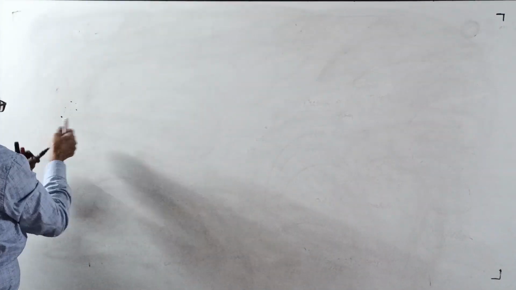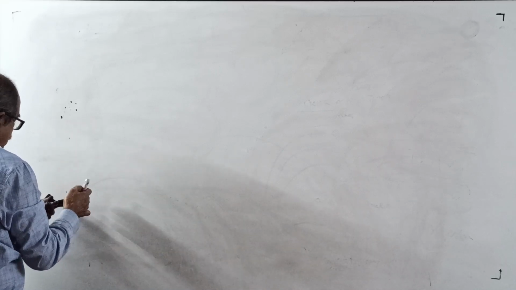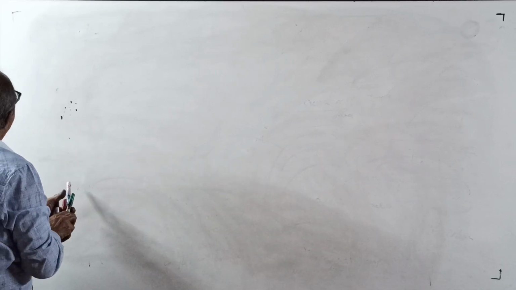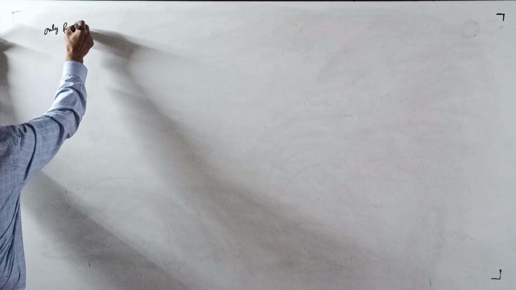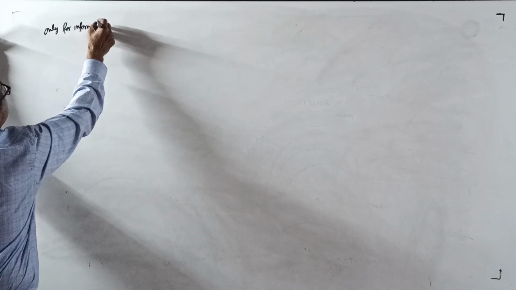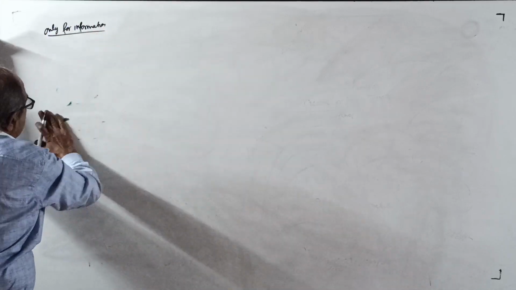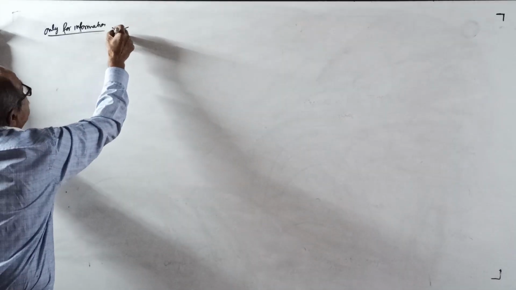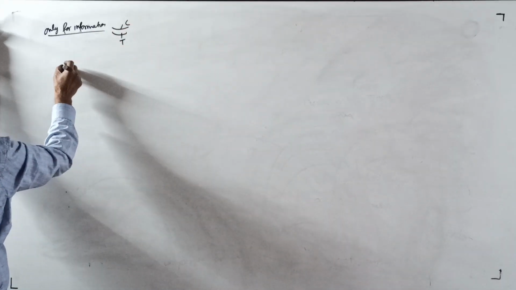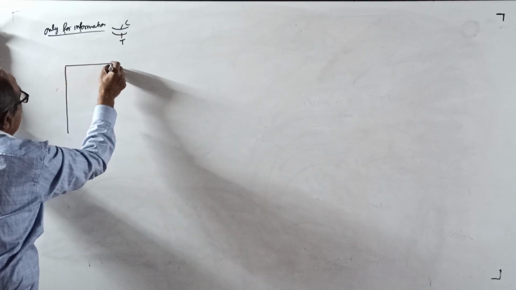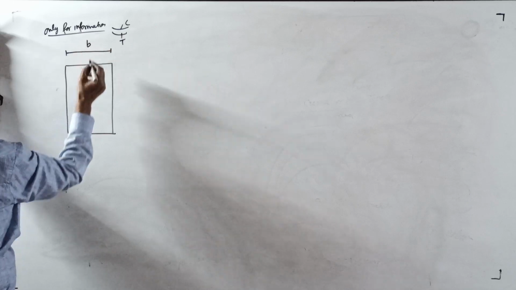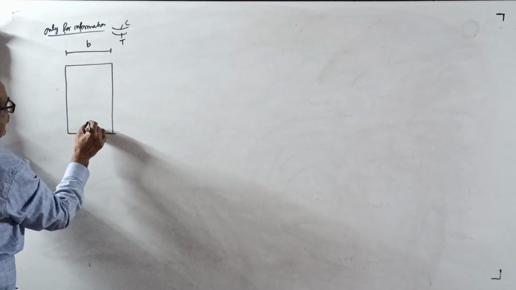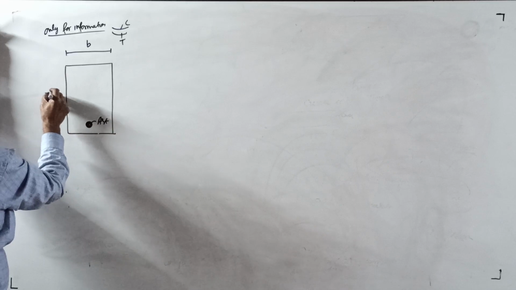Now, only for information, remember. I won't use color. You can see how I write now. Sagging BMU consider, so that is only one explanation. Rectangular section. This is Ast, this is the neutral axis.